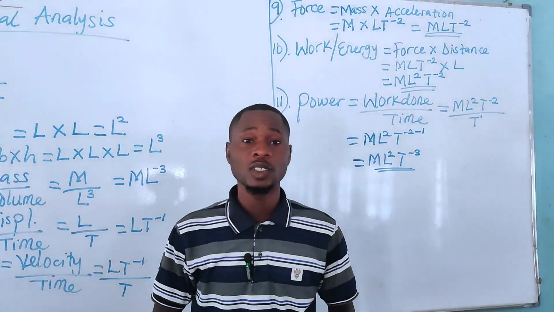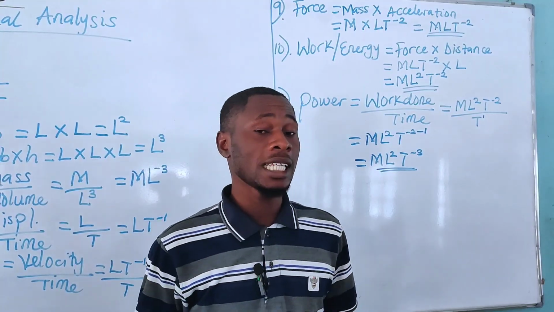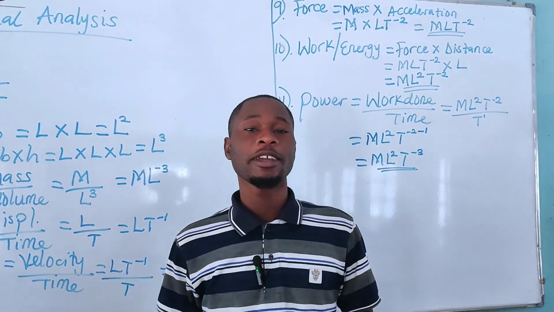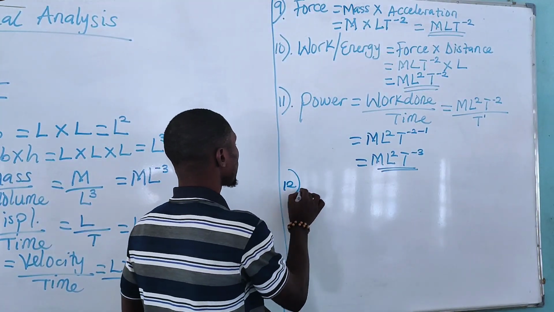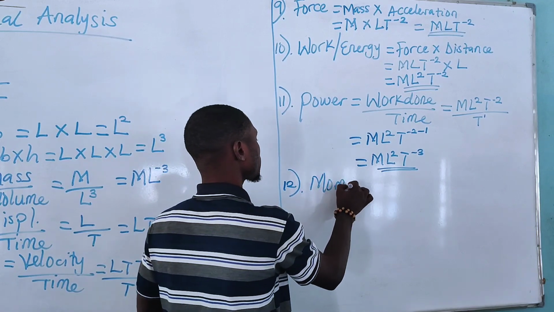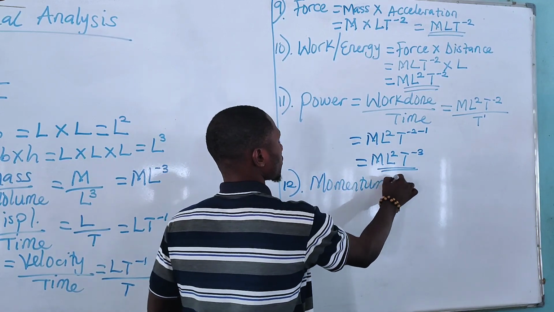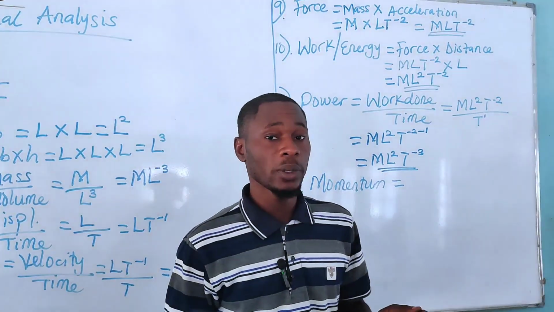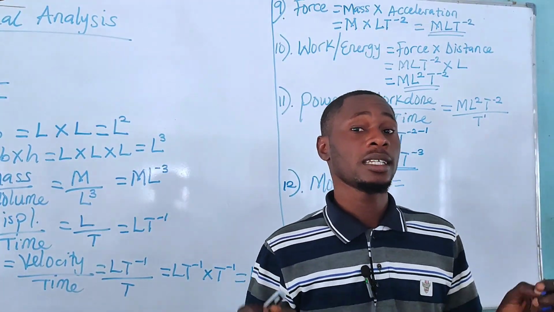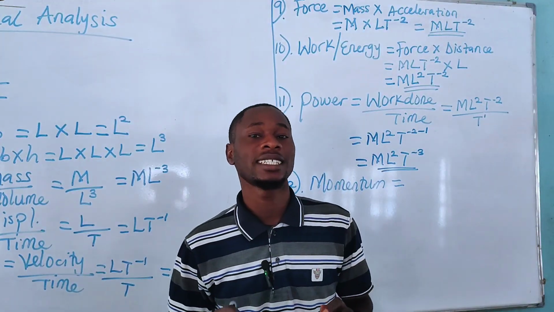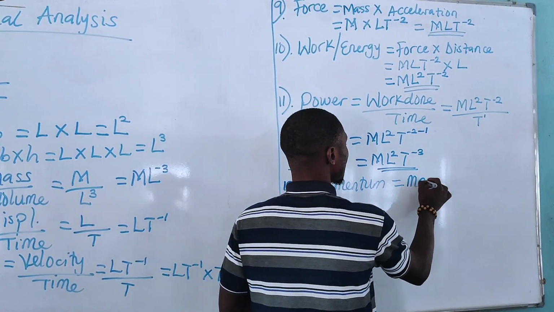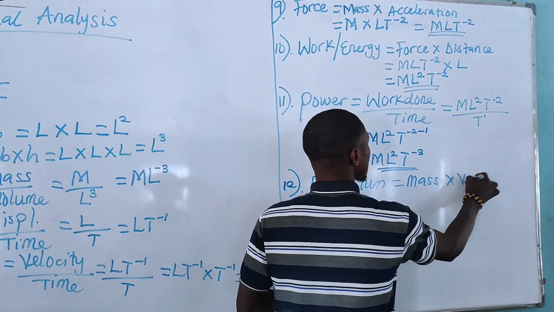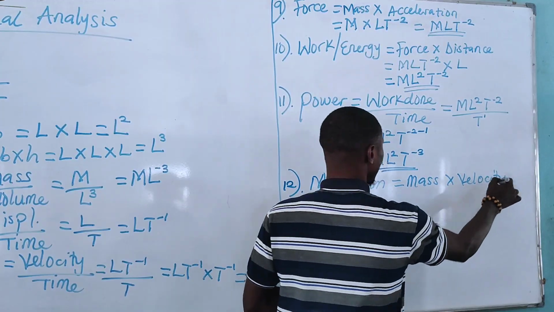So that gives us the dimension of power, M L squared T to the power minus 3. And lastly, we will be looking at the dimension of momentum. Momentum we know is defined as the product of mass and velocity. So momentum is mass times velocity.